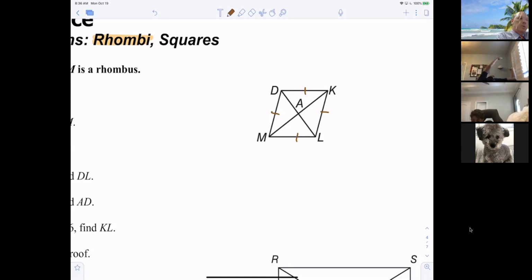Any questions with that? Now we also know that this is equal to this, and this is equal. So now someone tell me what's true about all of those triangles that are formed, those 4 triangles. They are all equal.